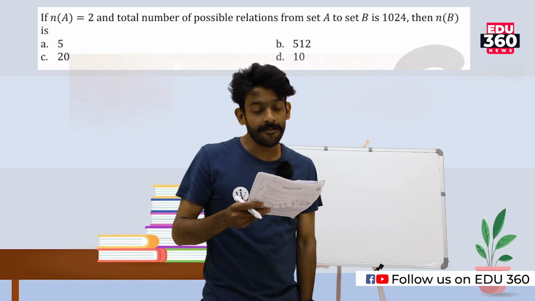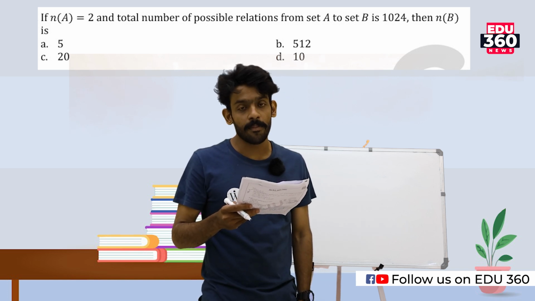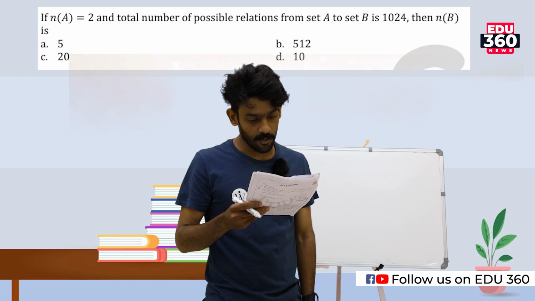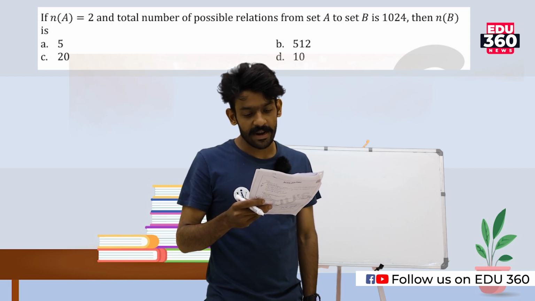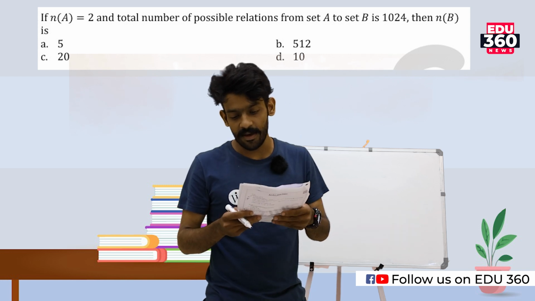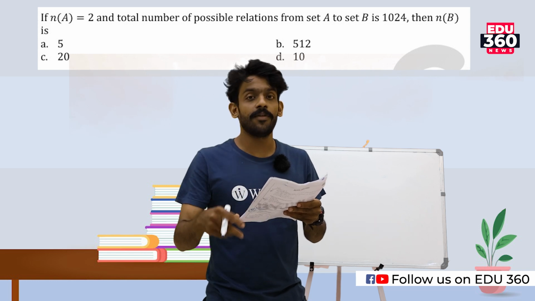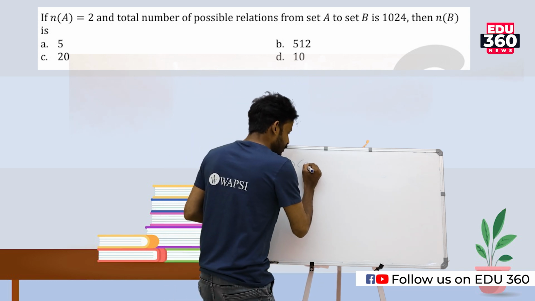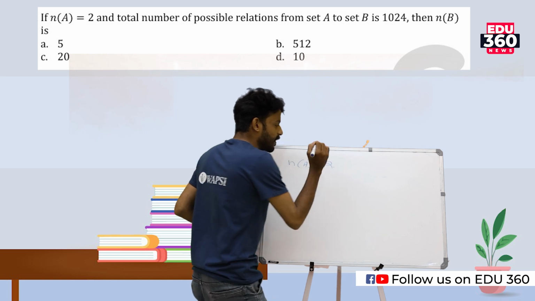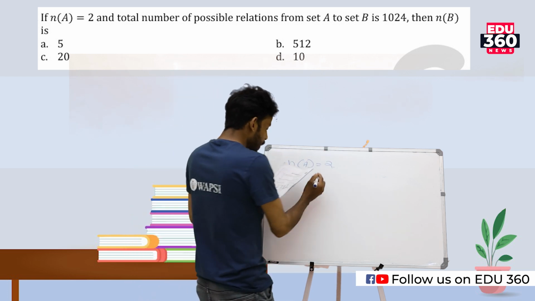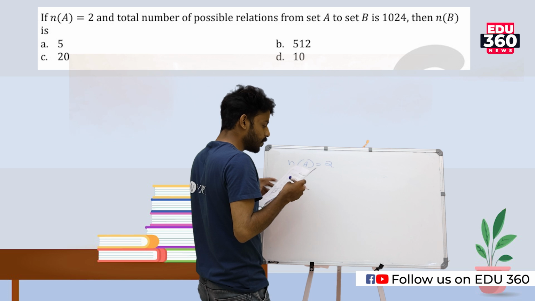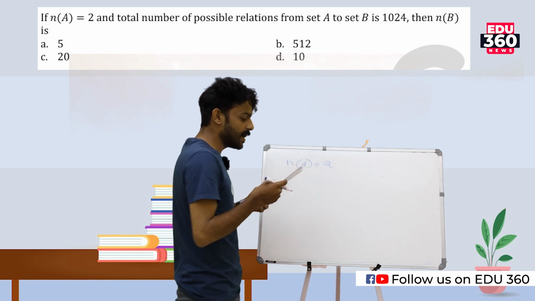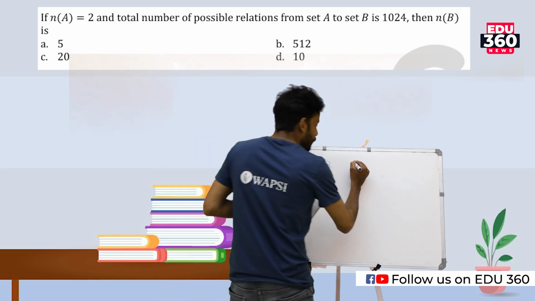The question is that if n of A is equal to 2, that means the number of elements in set A is given as 2, and the total number of possible relations from set A to set B is given as 1024. Then we need to find n of B. So first of all, n of A, the number of elements in A, is given as 2.